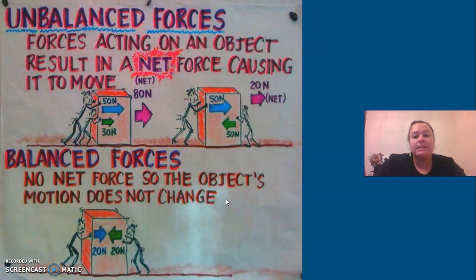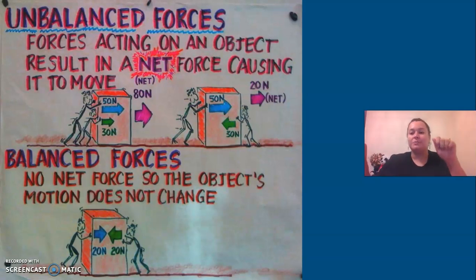Now, that comes to the next thing we're going to discuss. We're going to discuss unbalanced versus balanced forces. So this is one of your vocab topics I want you to know. Unbalanced forces are forces that act on an object that cause it to move. So for example, let's say you're playing tug of war with a group of friends.